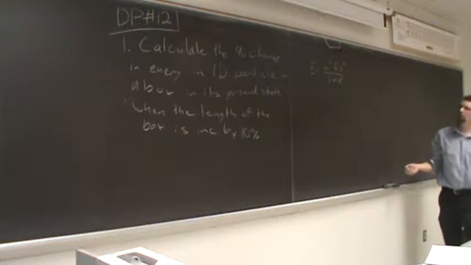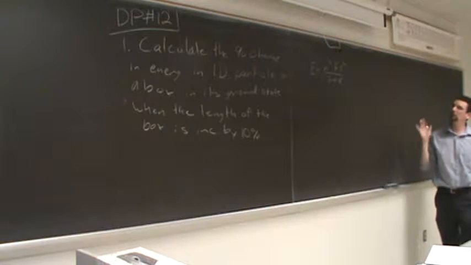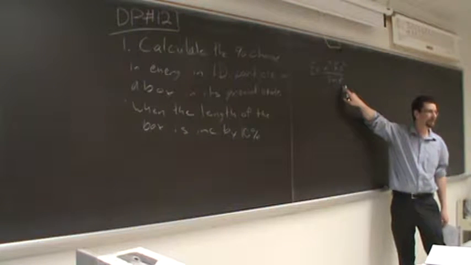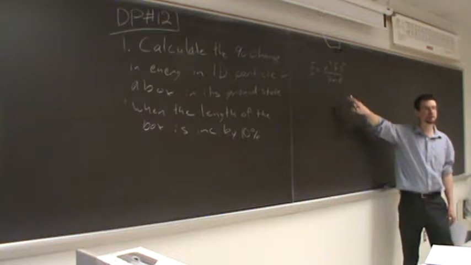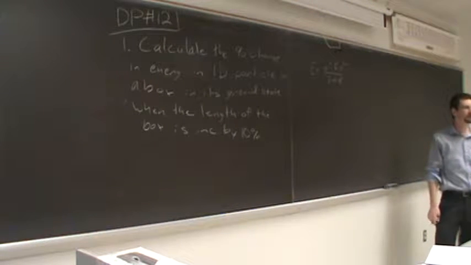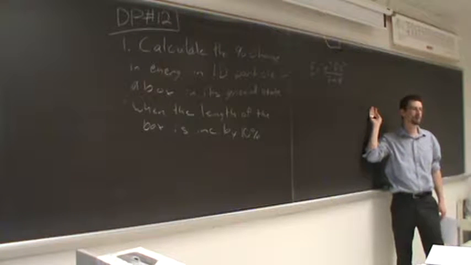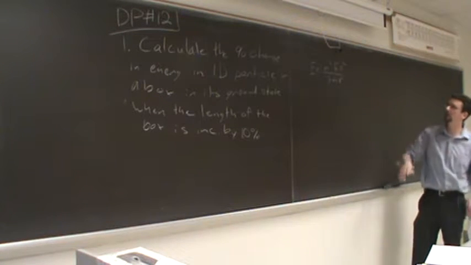So n is the principal quantum number, those are constants, m is the mass, a is the length of the box. So what do you suspect should happen to the energy as we make the box longer? Yeah, energy should get lower, it's in the denominator.